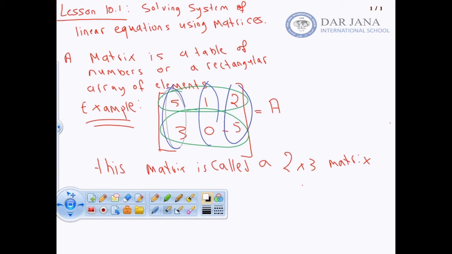And we are going to use a matrix to represent a system of linear equations written in standard form. To do so, we extract the coefficients of each term in the equations to form an augmented matrix.